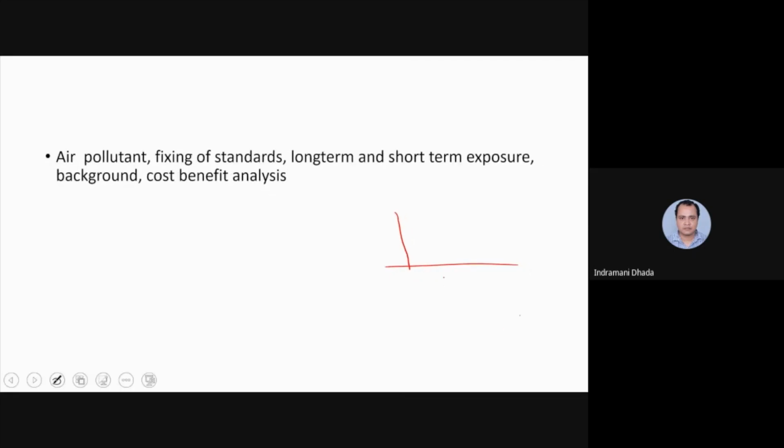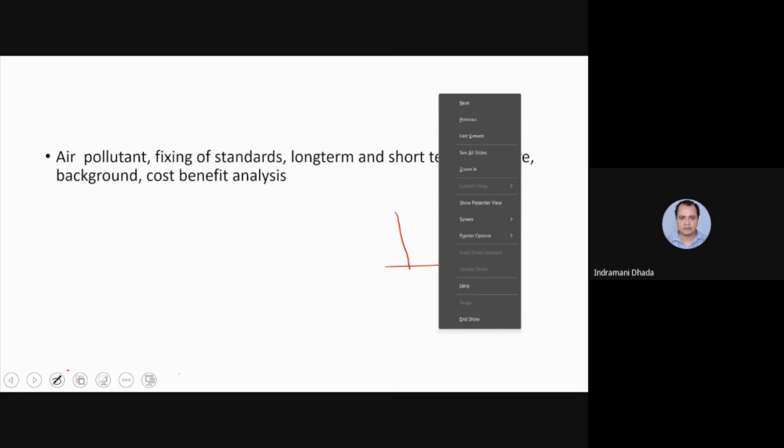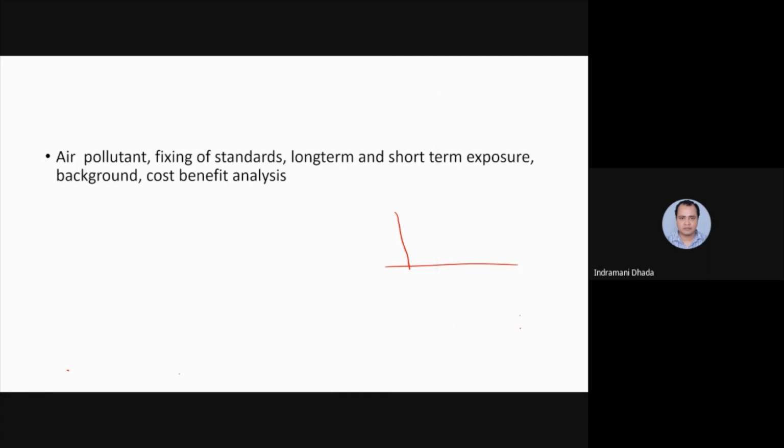Yes, sir, it is visible. I think there is some problem with this pen. I'll come to that point at a later stage. Let us move from this slide.